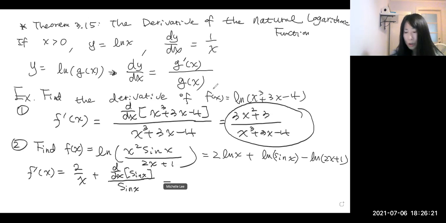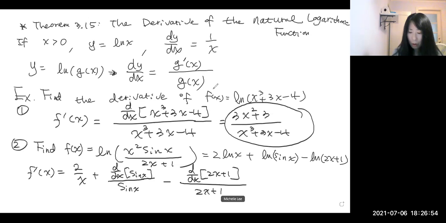Minus, let us do the derivative of ln of 2x plus 1. So it would be the derivative of 2x plus 1 over 2x plus 1. Excellent.